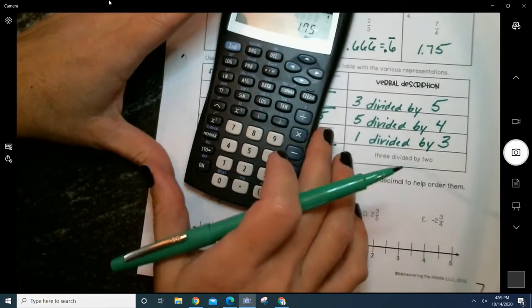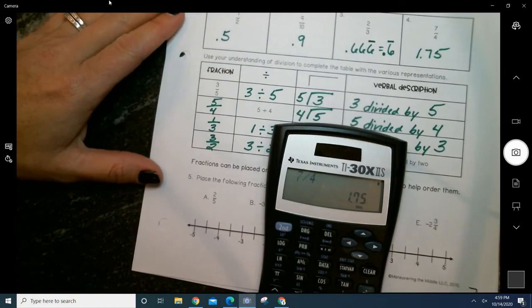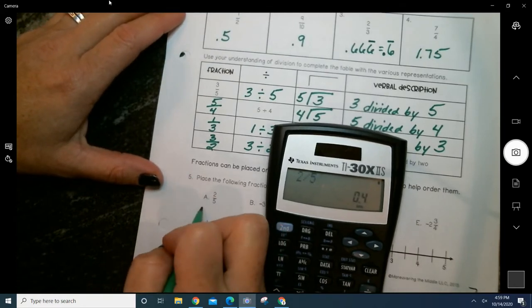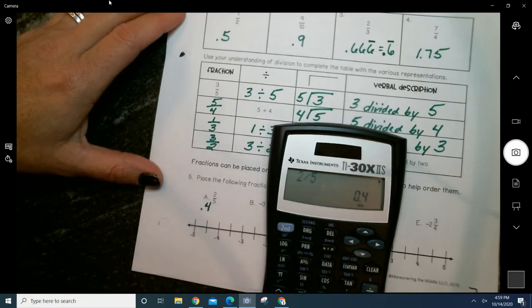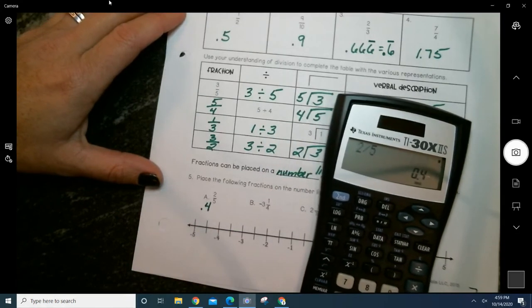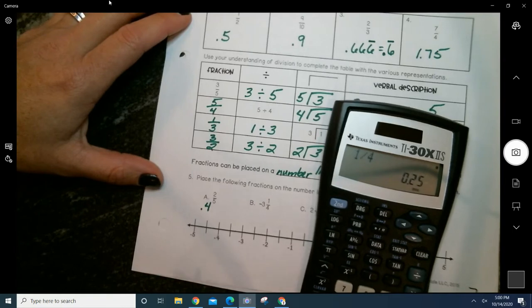The first one is 2 over 5, so that would be 2 divided by 5. And that's 0.4. B is negative 3 and 1/4. On this one, you just take 1 divided by 4, and so the 1/4 becomes 0.25.